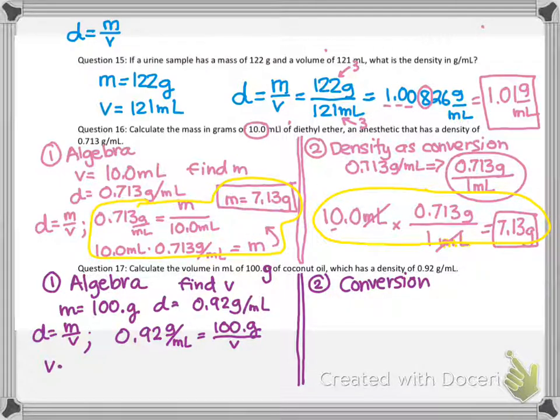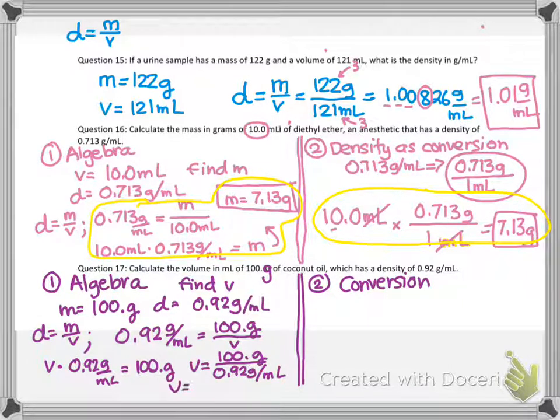So I'd say volume times 0.92 grams per milliliter equals 100. And then I would divide both sides by the 0.92. I didn't show the dividing here because I'm running out of room. But think about your math.